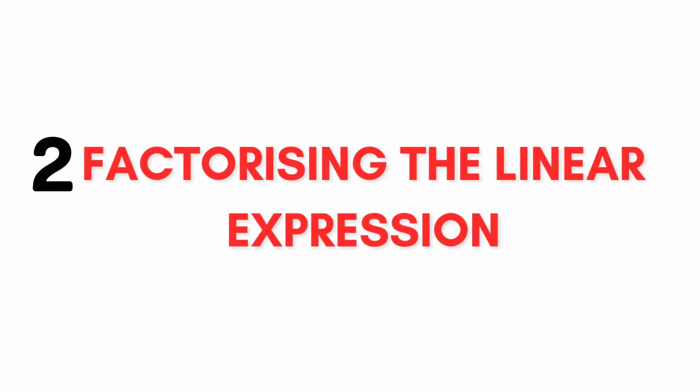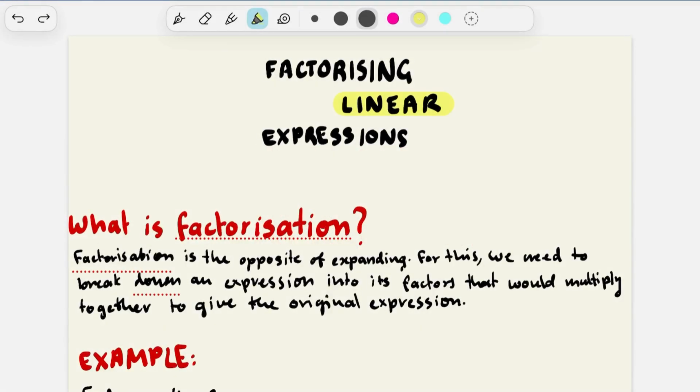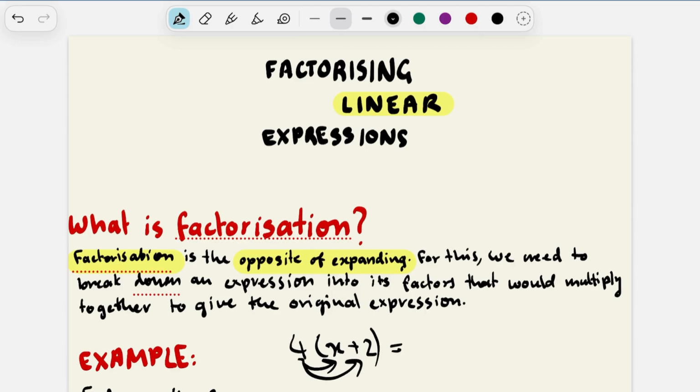So let's get into it. What is factorization? This is a simple question that we need to understand before we get into this video. Factorization is basically the opposite of expanding. You know when you've got a bracket like 4x plus 2, and then you multiply and you get 4x plus 8. That's it.